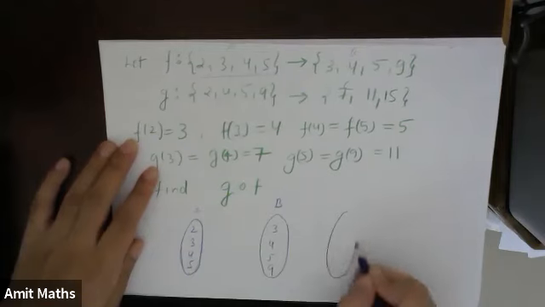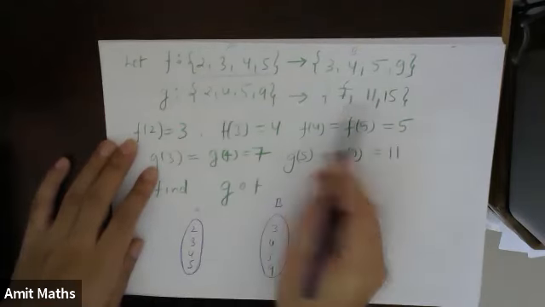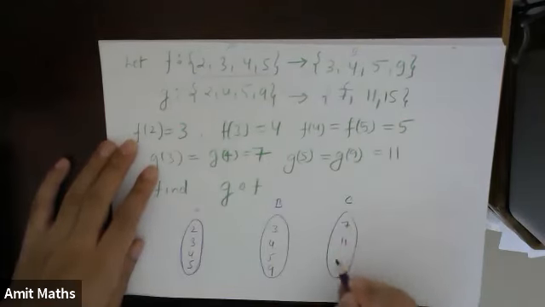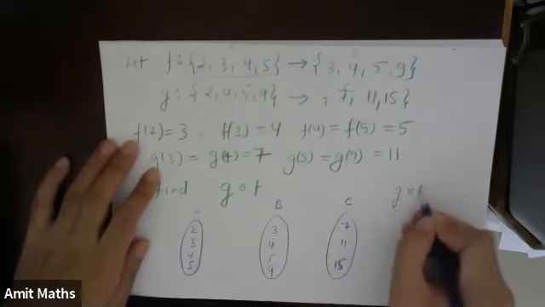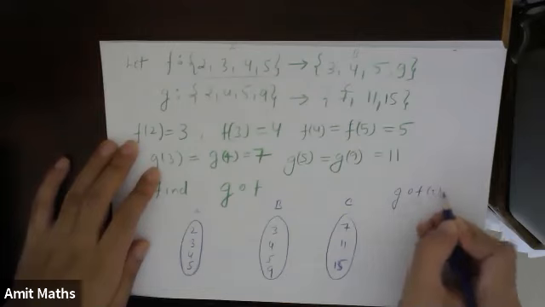Set C is 7, 11, and 15. And this will give me a complete composite function. G of f will give me a composite function.